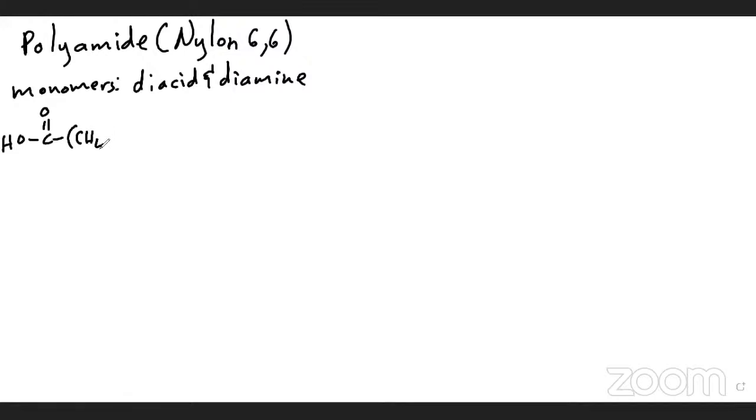So the monomers are diacid and diamine. The specific structure, C double bond O, OH. So you must know the specific structure for nylon 6,6 and terylene. That is what it says in this syllabus.